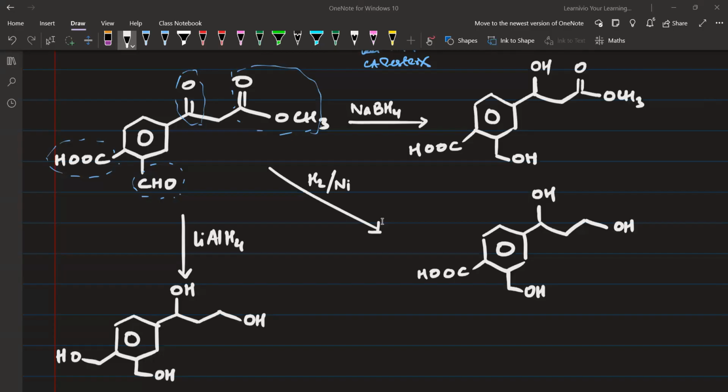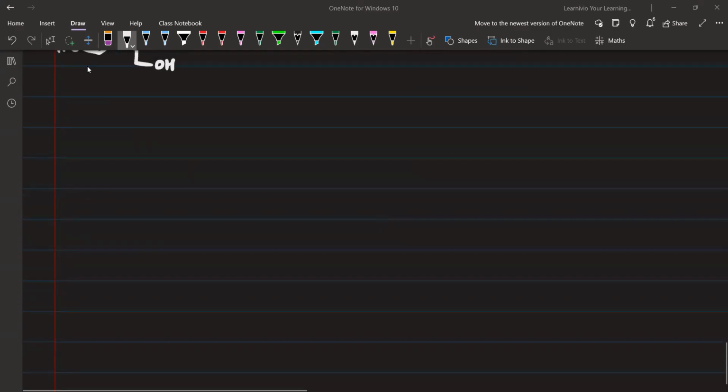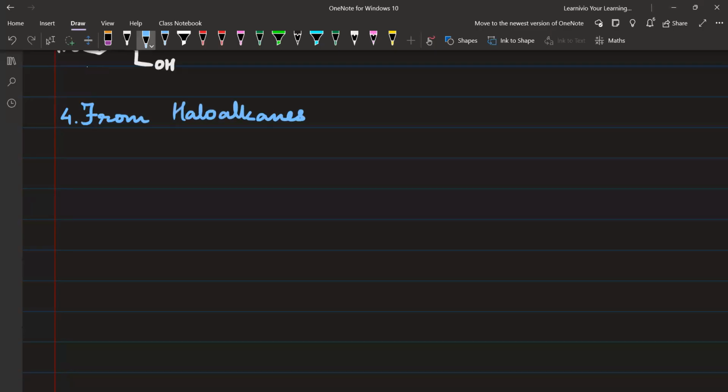Right. The fourth method of preparation is from haloalkanes. We have RX plus aqueous NaOH or KOH, or even water.